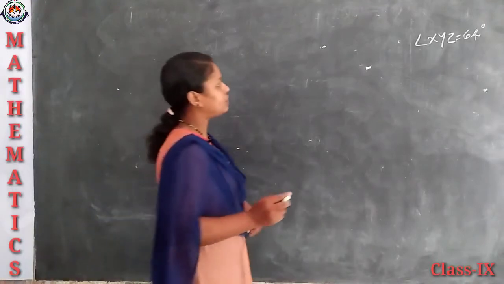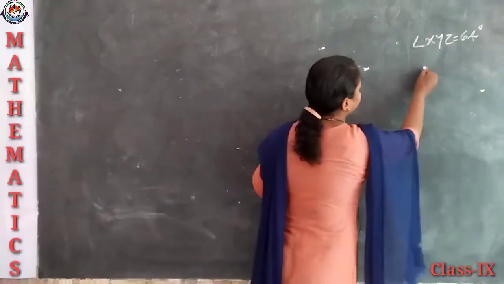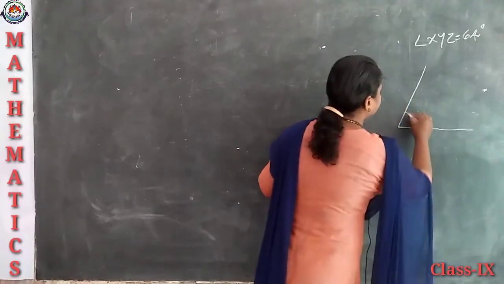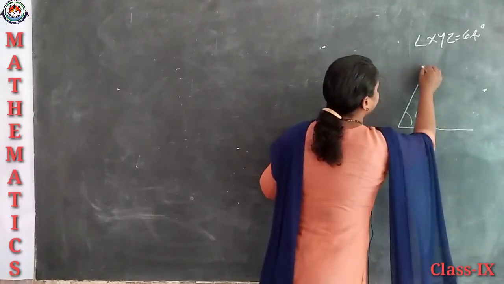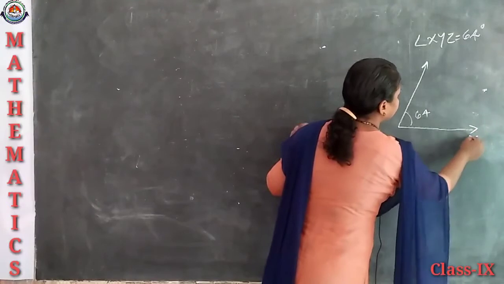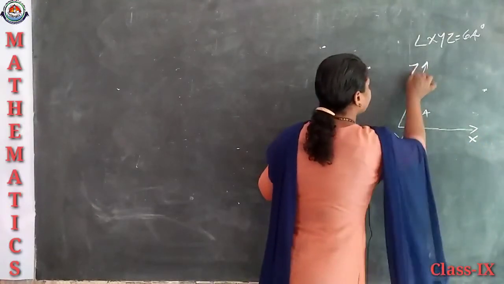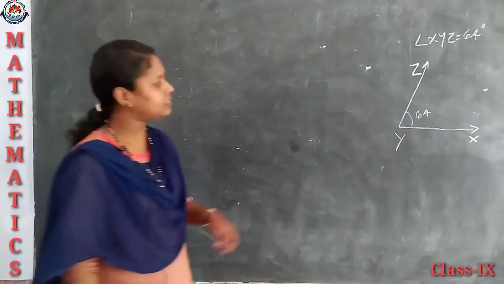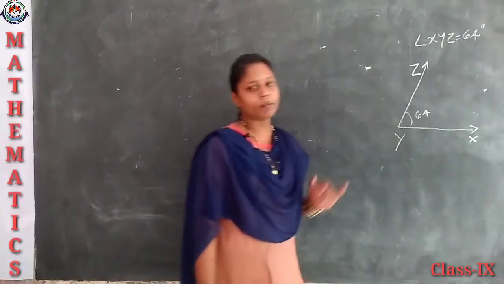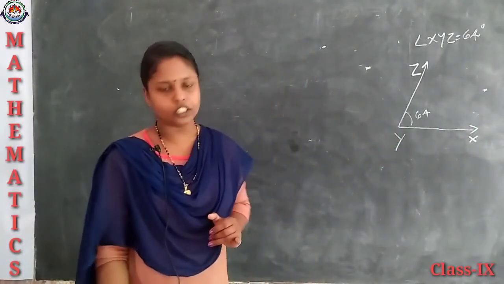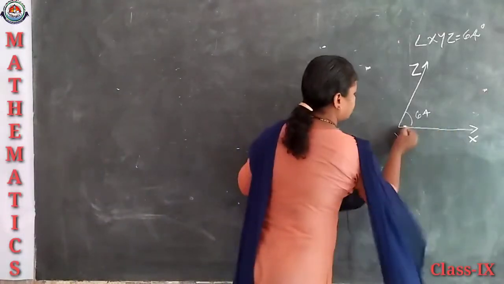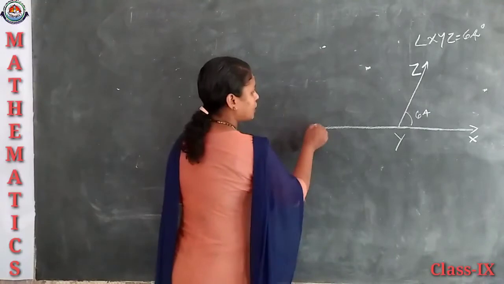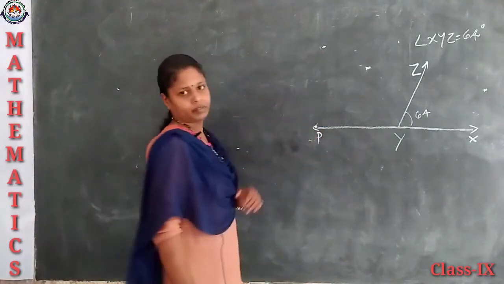So first here we have an angle XYZ, 64 degrees, and this XY is produced to a point P. So we need to produce this line XY to a point P.